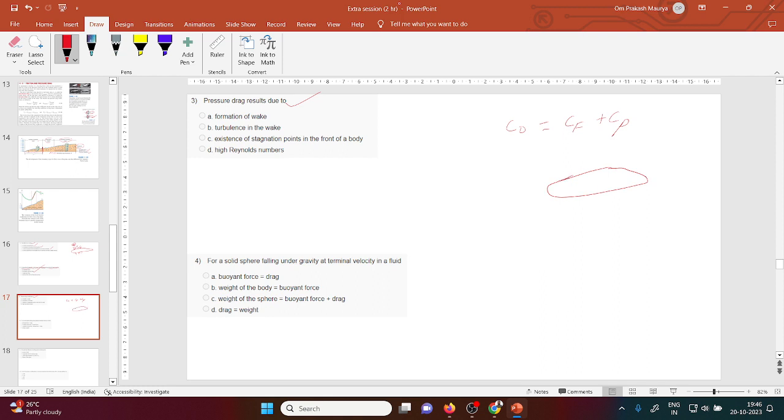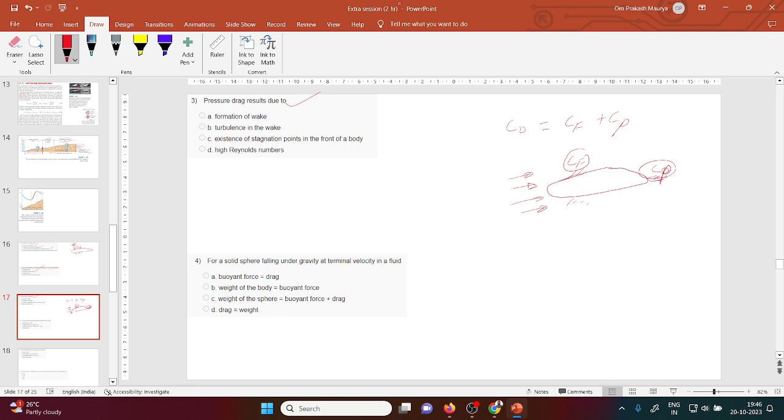The friction is on the surface, and the pressure drag is in the downstream, with air or water flowing in this direction. So your pressure drag is here, and the drag due to friction is on the surface, this side also.